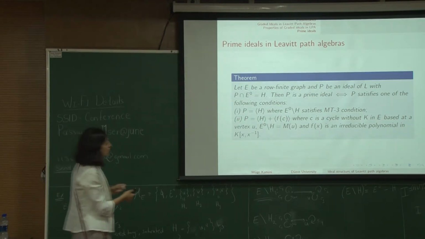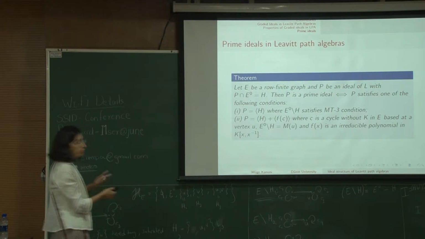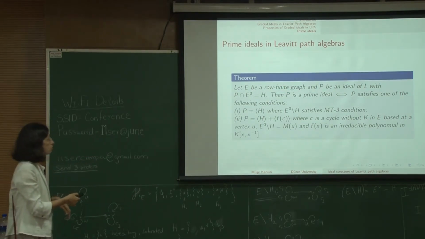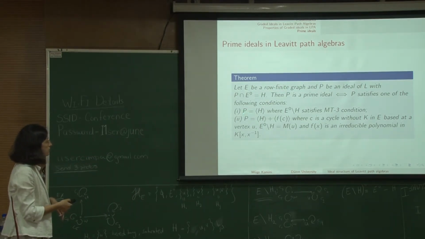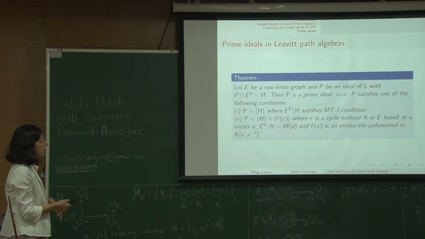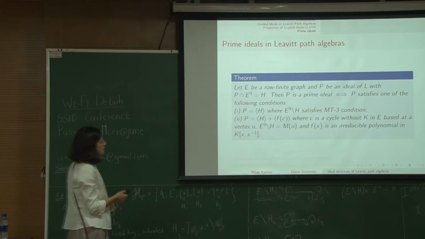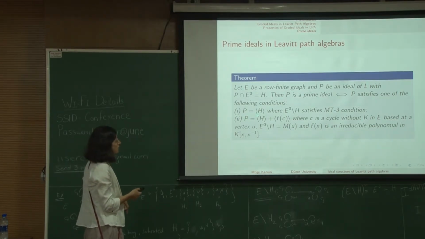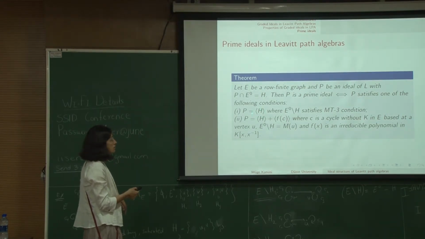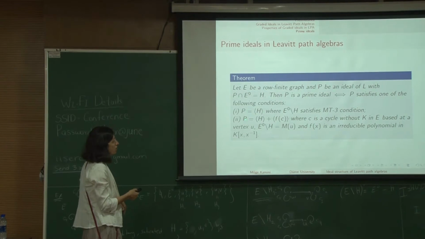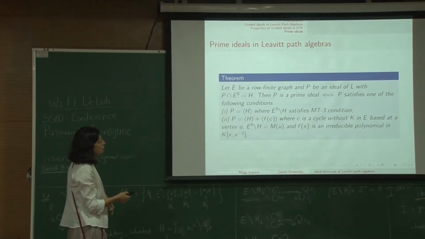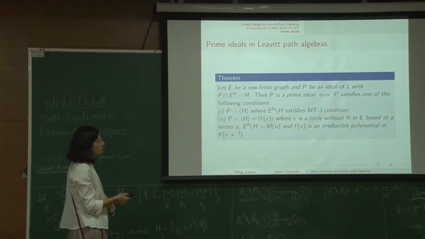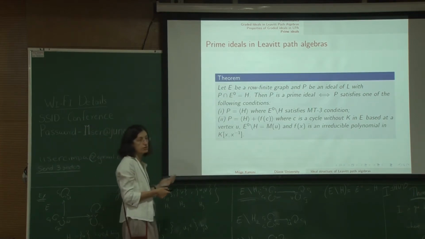Again, there is a generalization for every graph, but for the purpose of this talk, I took this for row finite graphs. P is generated by H, and we have realized that this is the case if P is a graded ideal, right? So this P is a graded prime ideal because it's generated by a hereditary saturated set. What makes it prime is if E^0 minus H satisfies the MT3 condition, or the downward directed condition.